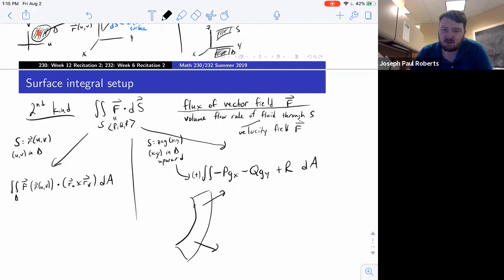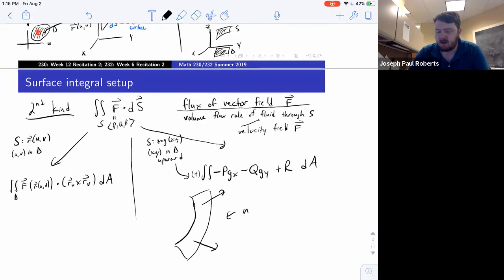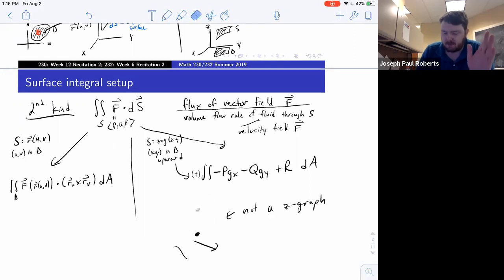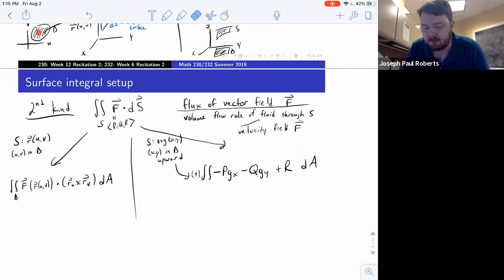And the answer is actually no. Like, this is a perfectly fine surface, but this is not a z graph because it fails the vertical line test, that there seems to be multiple values of z for the same values of x and y. So anyway, if you're curious about this, upward versus downward are always the two choices for z graphs.